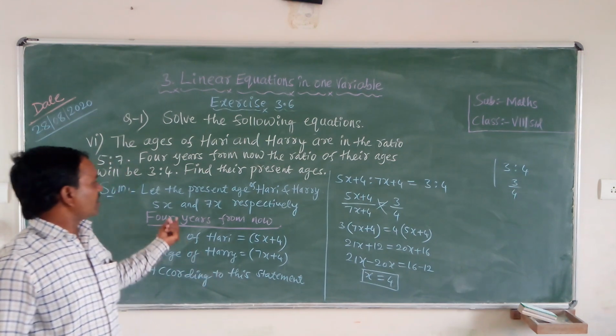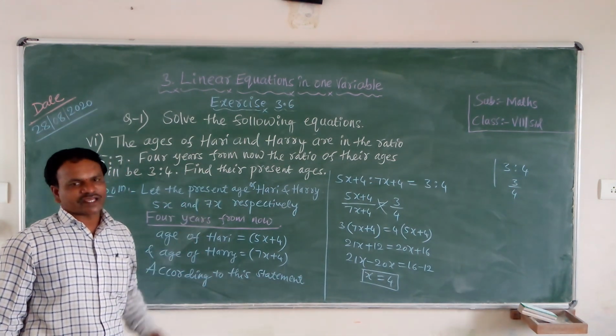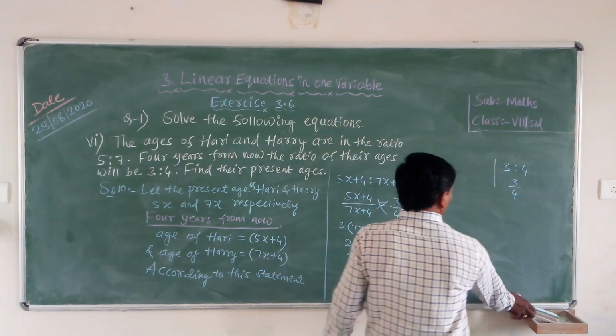The present ages of Hari and Harry are 5x and 7x.